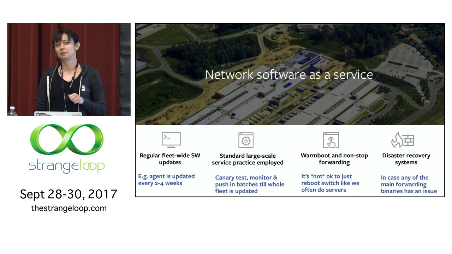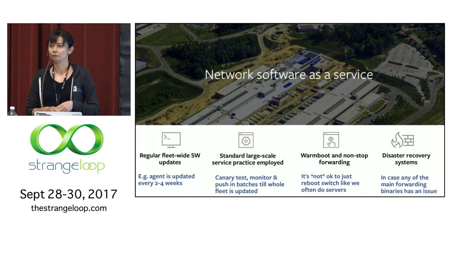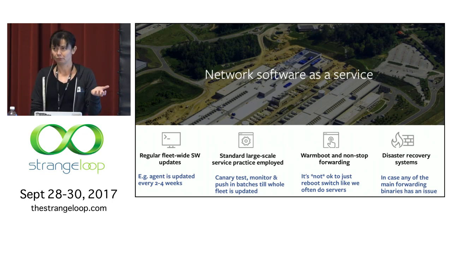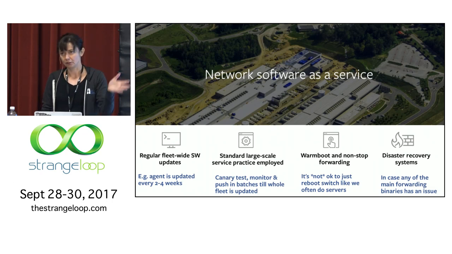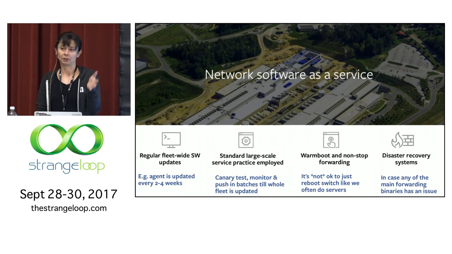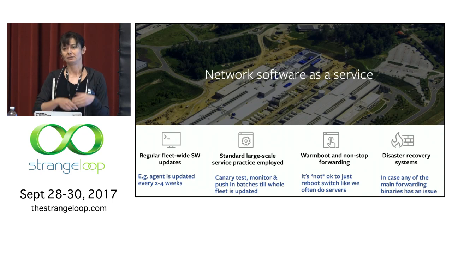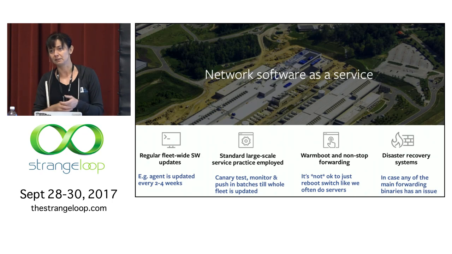For example, agent gets updated to a new version on the whole fleet every 2 to 4 weeks. And when we do that, we employ the standard practices people use when they upgrade services in a large fleet. We do canary testing. We find places in the network that are not critical and deploy the new version. Then we wait, monitor, and make sure everything looks good. Then we pick a small percentage somewhere else and repeat the process, and then bigger percentages until the whole fleet is upgraded.